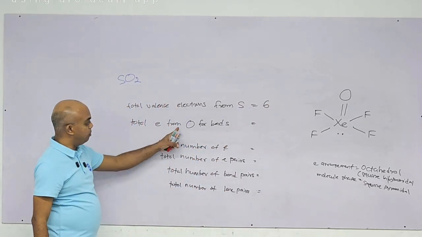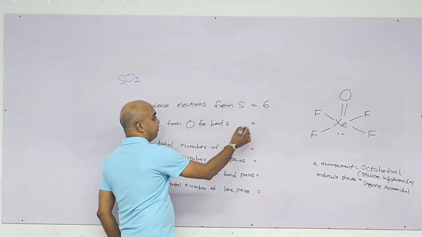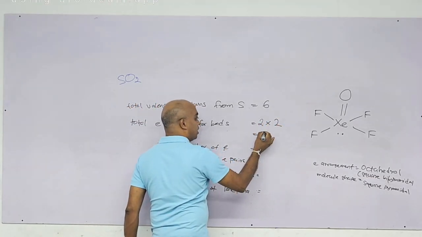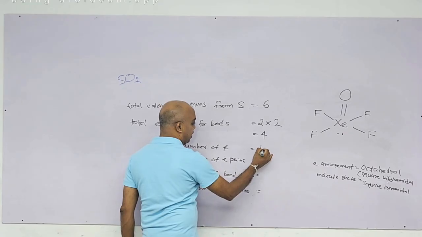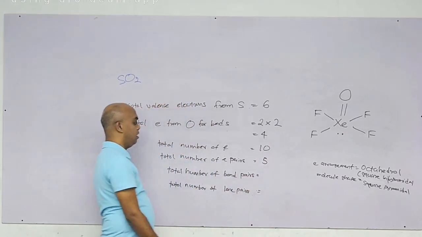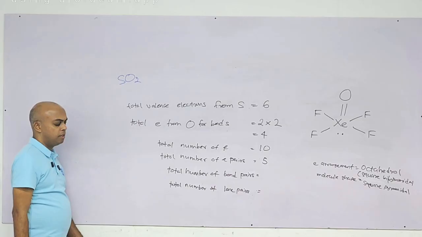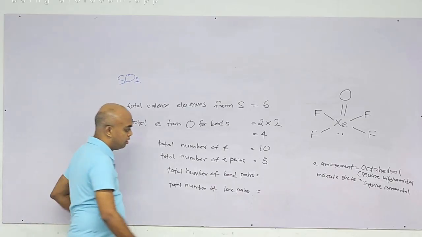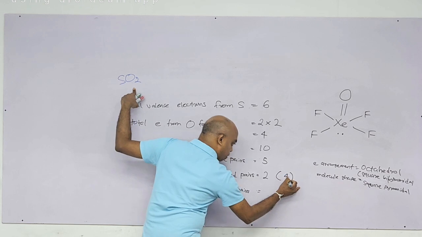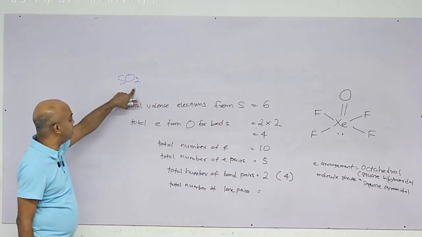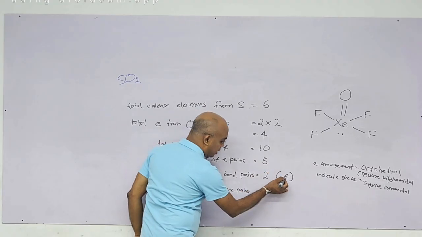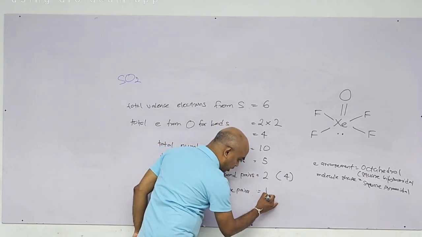Total electrons from oxygen for bonds: there are 2 oxygen atoms, so that is 4. Total number of electrons is 10. Electron pairs 5. Bond pairs should be 2, but the consumption is 4 because each oxygen atom is creating 2 bonds, right? So the lone pairs is 5 minus 4, that is 1.